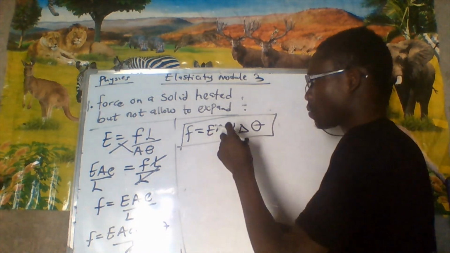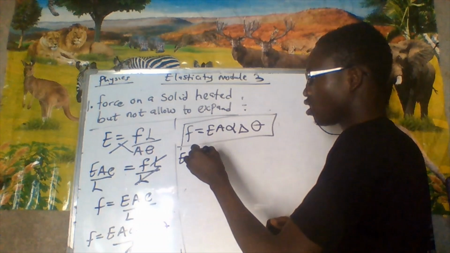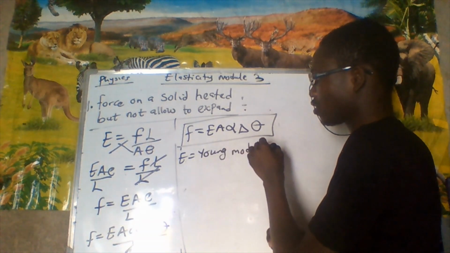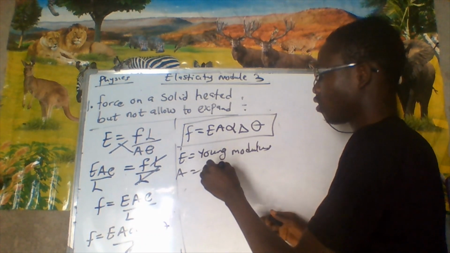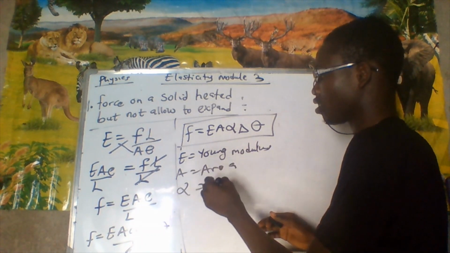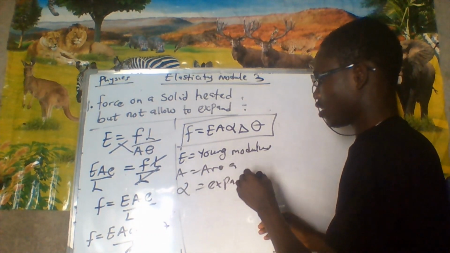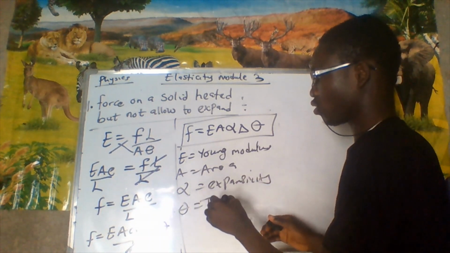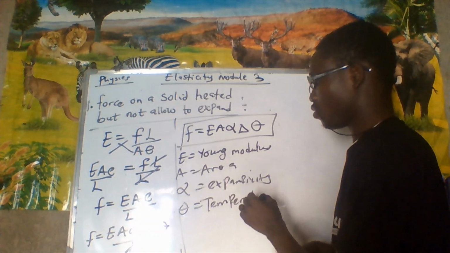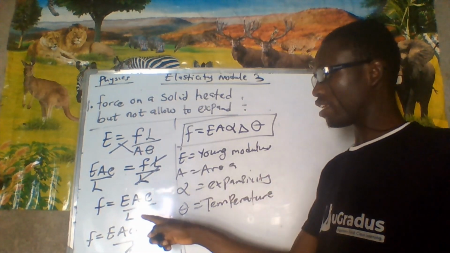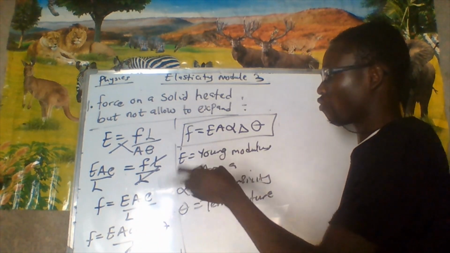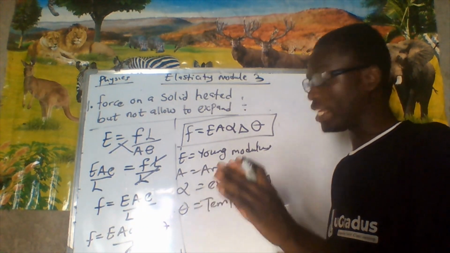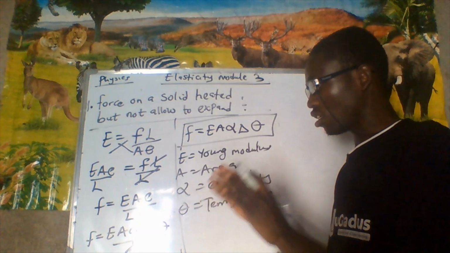E here represents Young modulus, A represents area, this symbol represents expansivity, while theta represents temperature. The length has cancelled the length that comes from the input of our extension formula, so there's no length again under this formula.